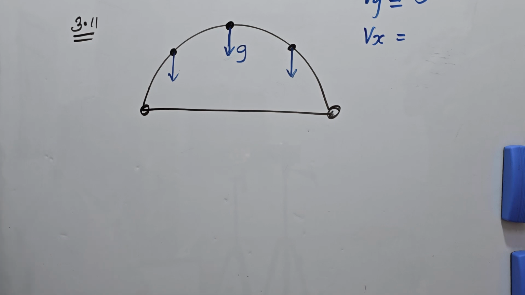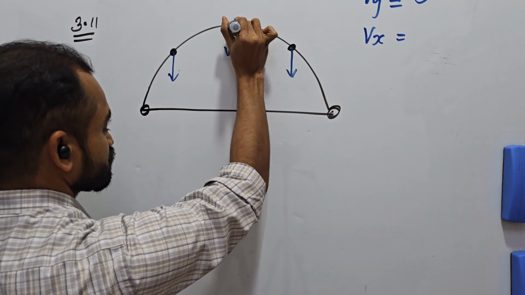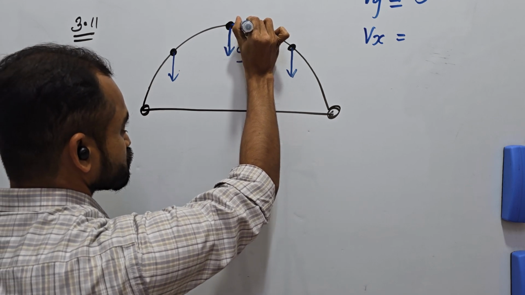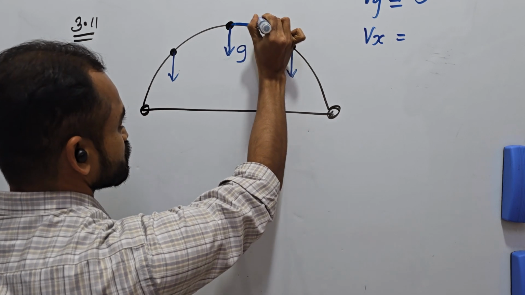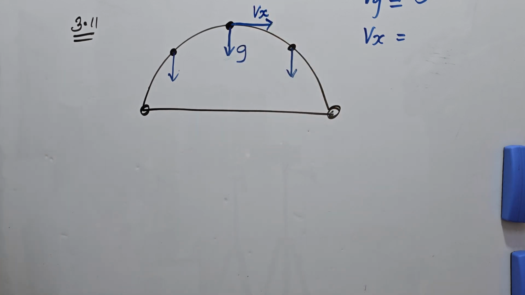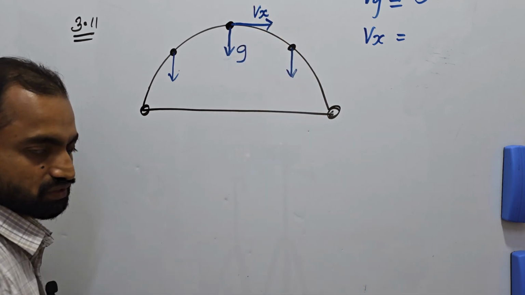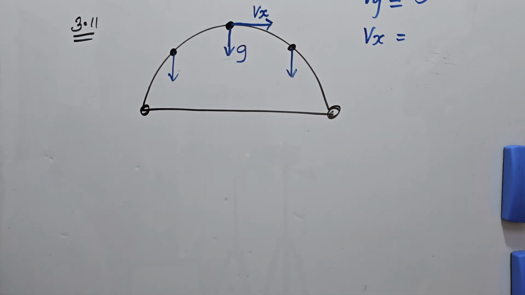Vi cos theta means horizontal velocity Vx is always constant. At the maximum height, there is only velocity along the x direction. There is no velocity along the y direction. So at the maximum height, velocity is horizontal and acceleration is vertical downward.